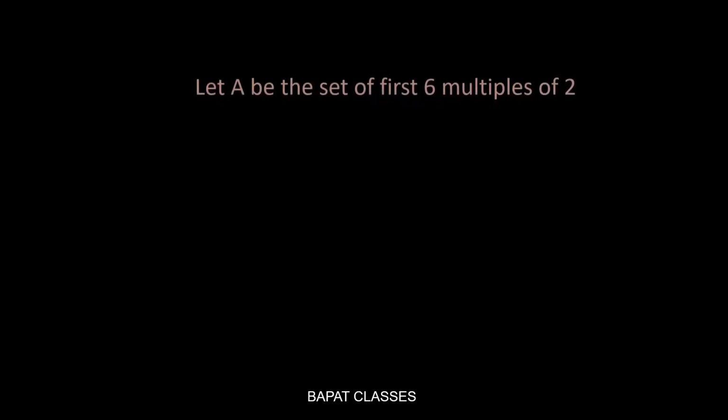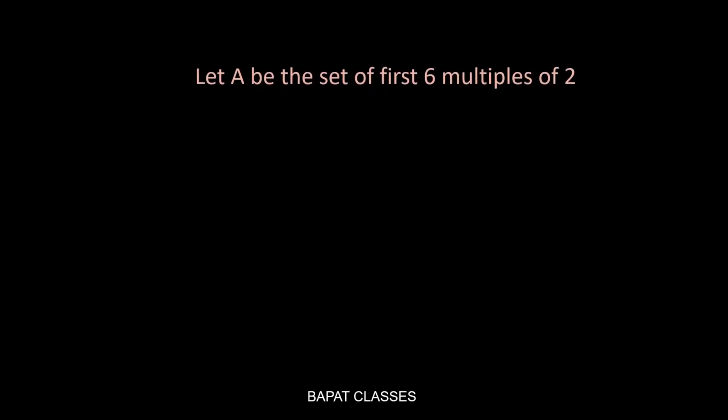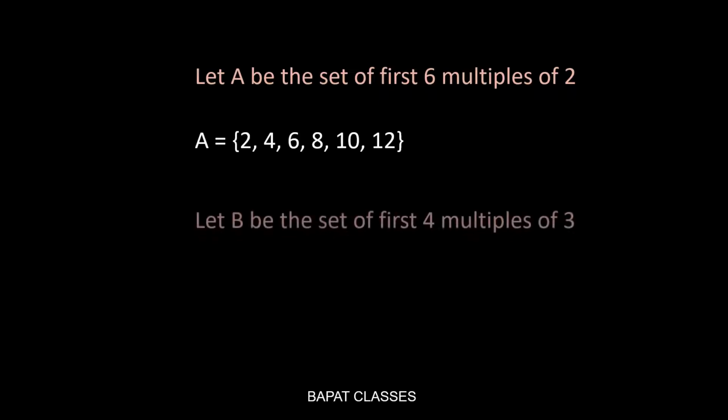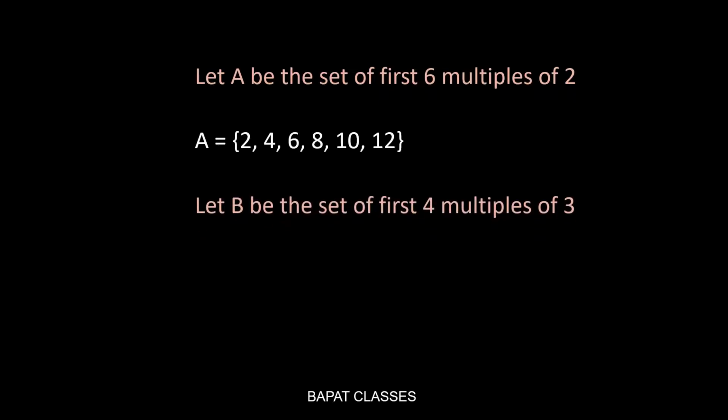Let A be the set of first 6 multiples of 2. Then set A is 2, 4, 6, 8, 10, 12. Let B be the set of first 4 multiples of 3. Then B equal to 3, 6, 9, 12.